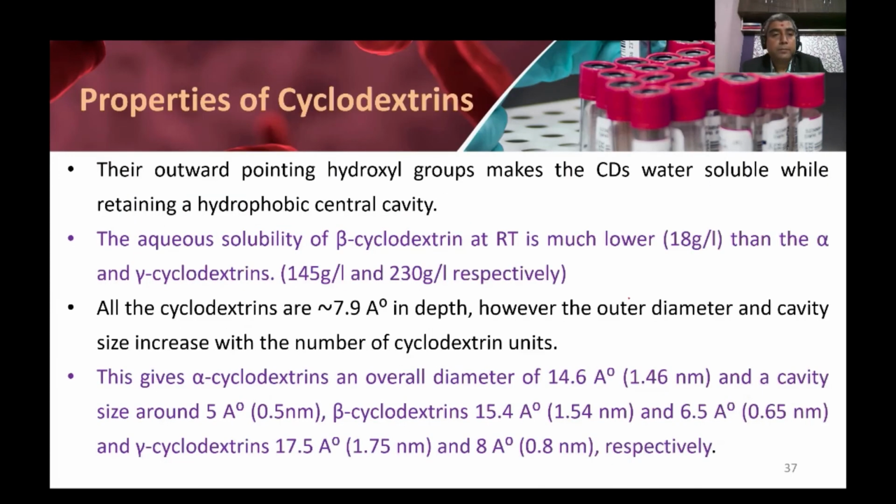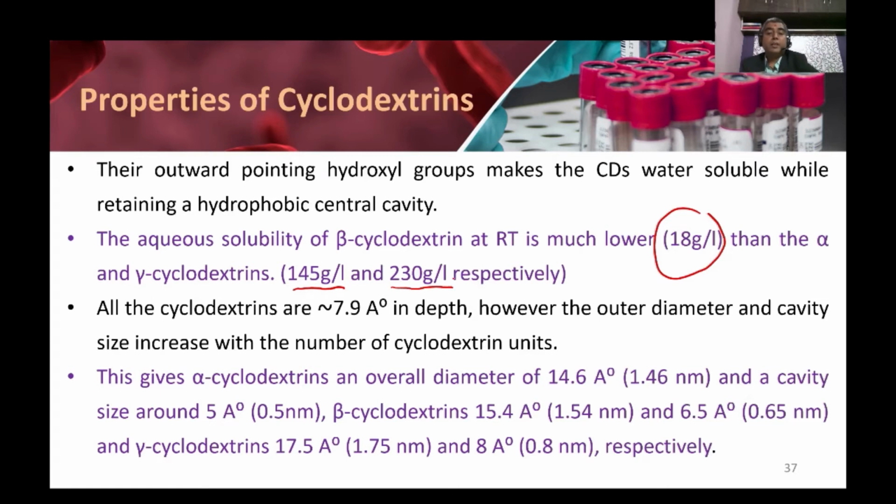Properties of cyclodextrin: their outward pointing hydroxyl groups make the cyclodextrin water soluble while retaining a hydrophobic central cavity. The aqueous solubility of beta cyclodextrin at room temperature is very low, 18 gram per liter, while alpha cyclodextrin has a solubility of 145 gram per liter and gamma cyclodextrin 230 gram per liter respectively.